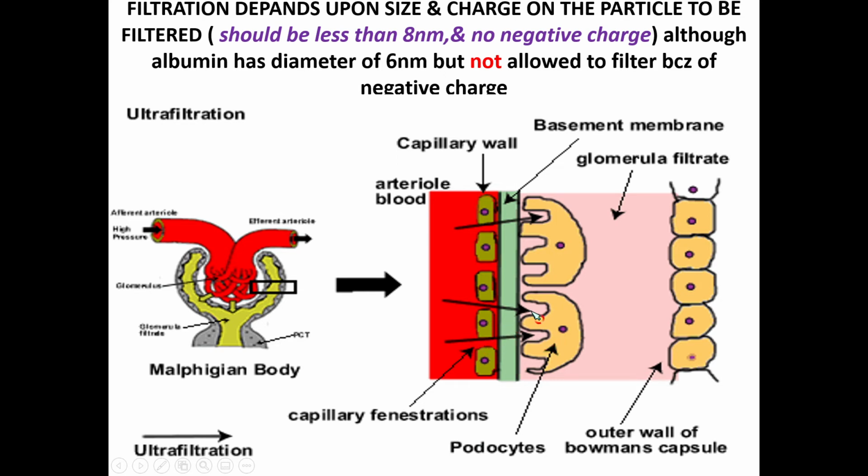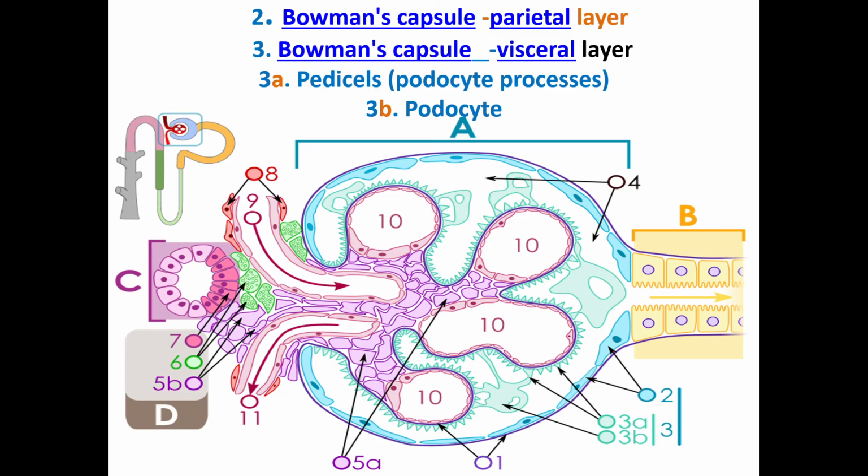You will see this in the next diagram. I'm going to the next diagram. Soon we will see all these things in detail. Here in this diagram, this is your glomerular capillary. Follow my cursor arrow. This is the parietal layer of the Bowman capsule, the bluish one.